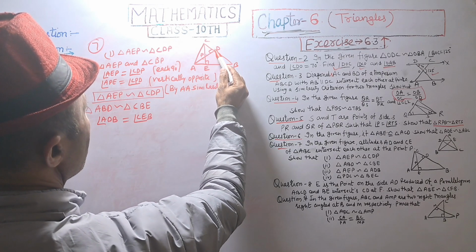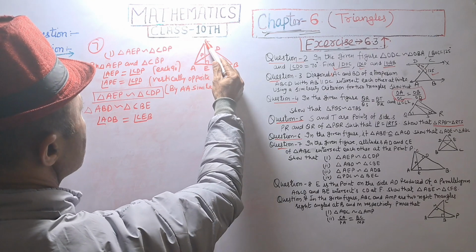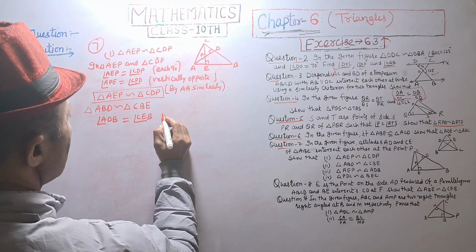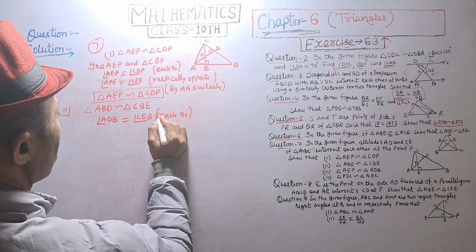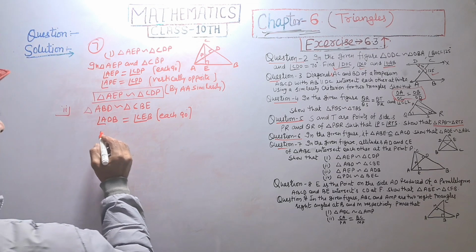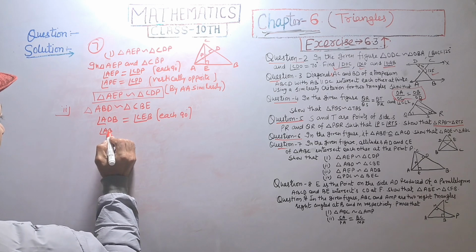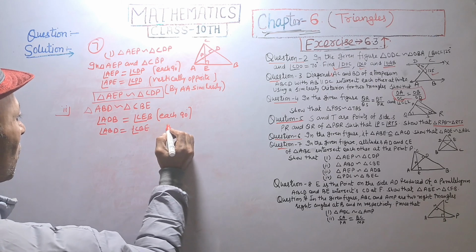Angle ADB and angle CEB are each 90 degrees, and angle ABD is equal to angle CBE, common.